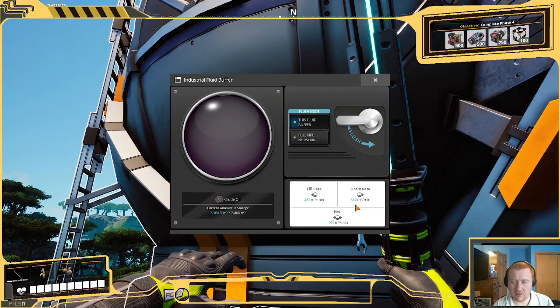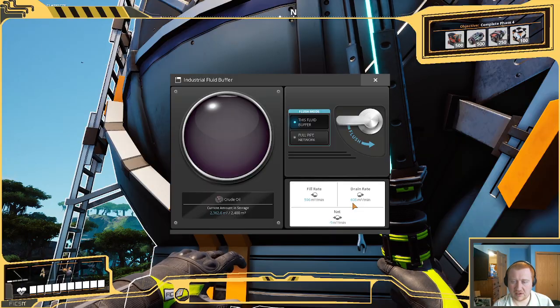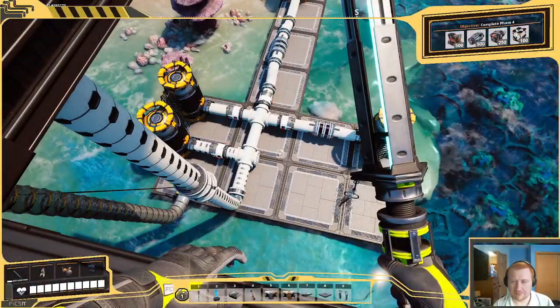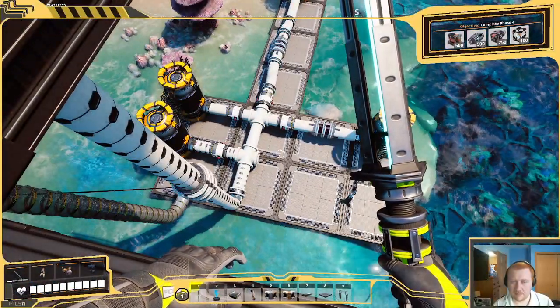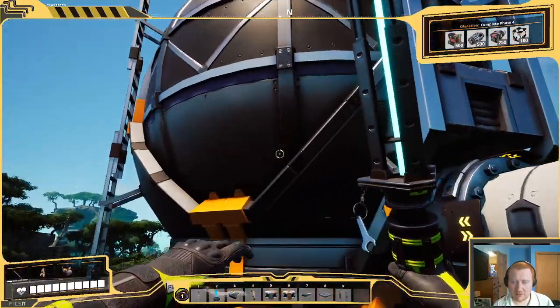See, so our drain rate is now over 600 because that's what our system is asking for. I don't see any potential mismatch pipe here.